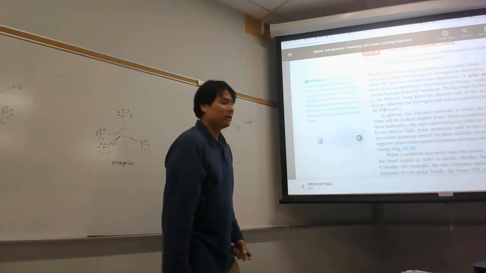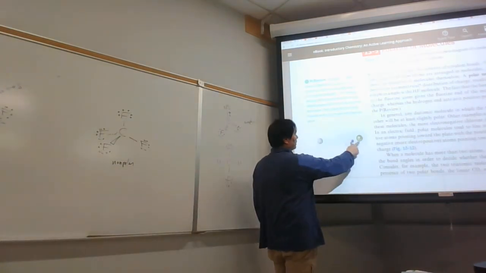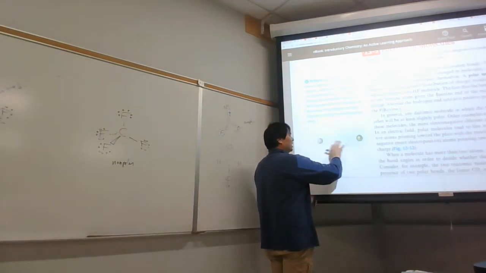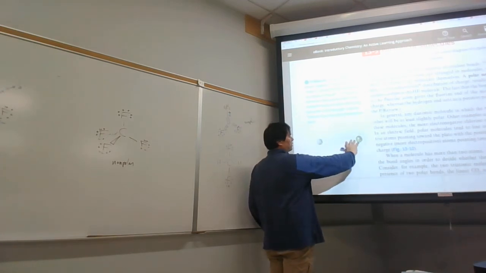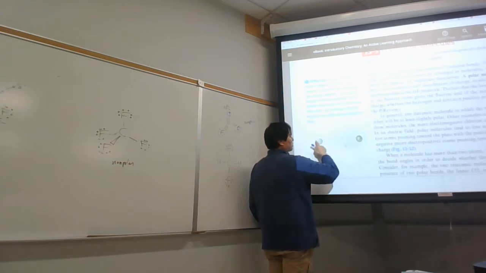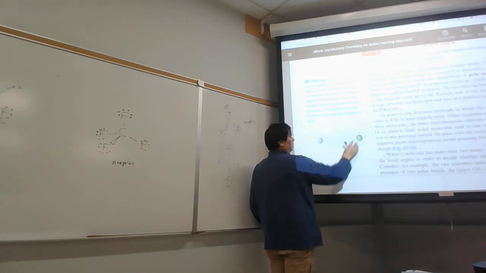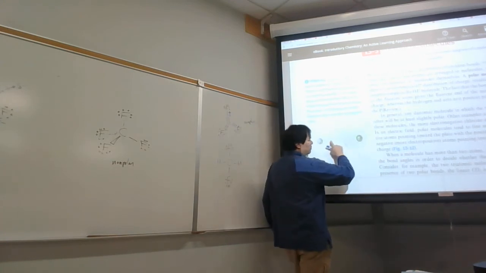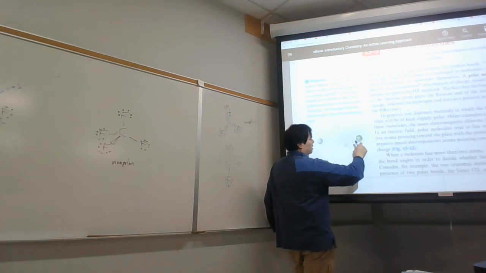We have a dipole over here in the hydrogen fluorine. And fluorine is more electronegative, so it pulls the electron cloud closer to it. So we see it as an asymmetric rather than a symmetrical electron cloud here. Fluorine has a stronger pull for the electrons, so the electrons spend more time around fluorine.